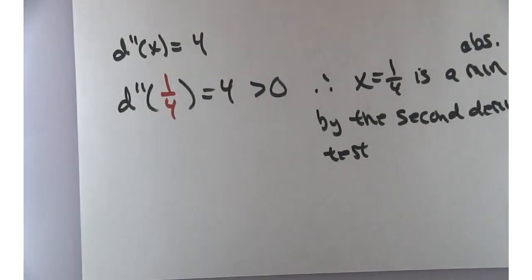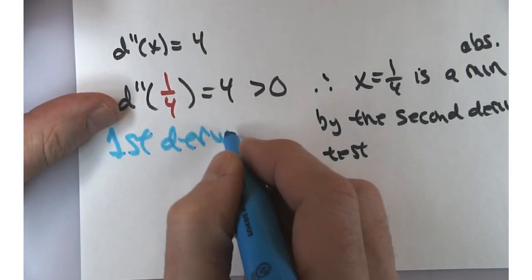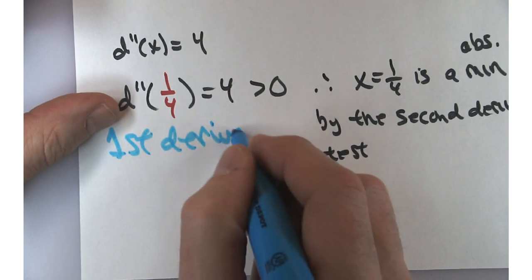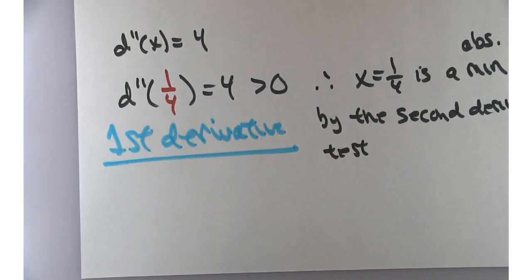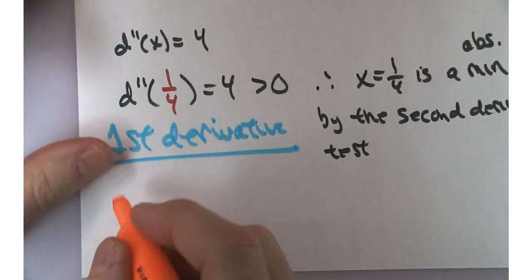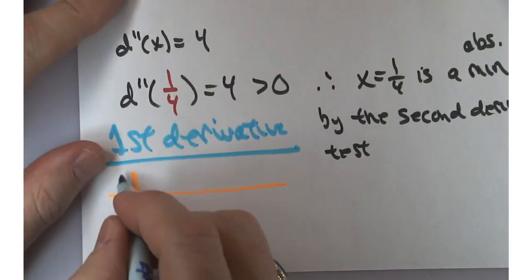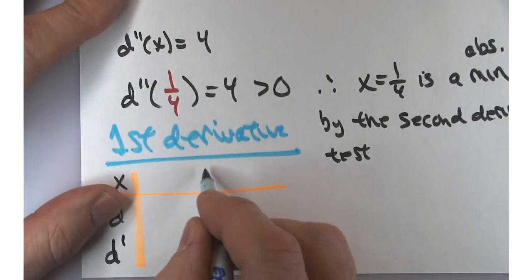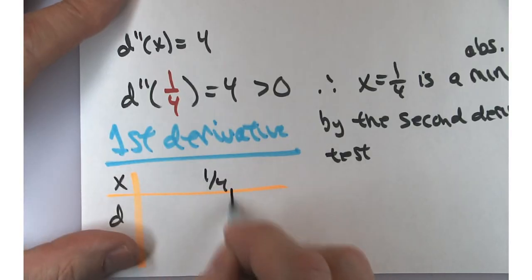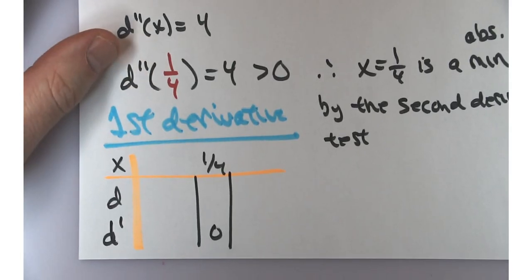Let's do that down here, just for comparisons. So the first derivative test, for the first derivative, we've got, let's see, x, d, and d prime. We had 1/4 was where it was actually equal to 0.